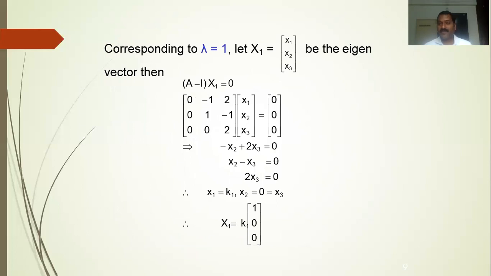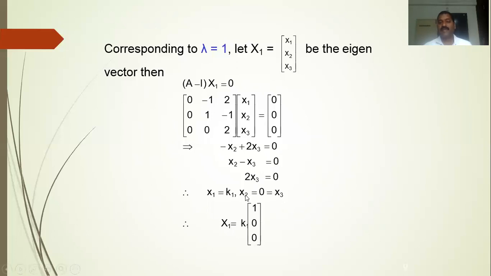How to find eigenvectors? Solve the homogeneous system (A minus lambda I)x equal to 0. Take lambda equal to 1. That leads to this coefficient matrix. Rank of this is 2, so I can have one free variable. I express everything in terms of x1. So I take x1 as k, and I know x2 is 0, x3 is 0.